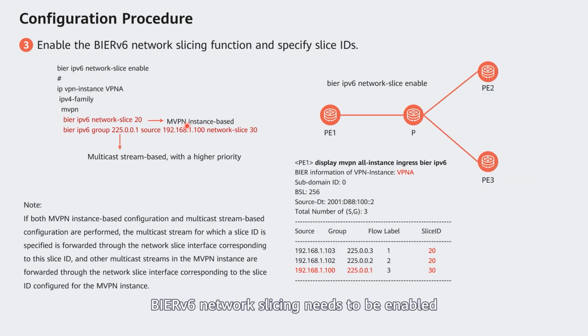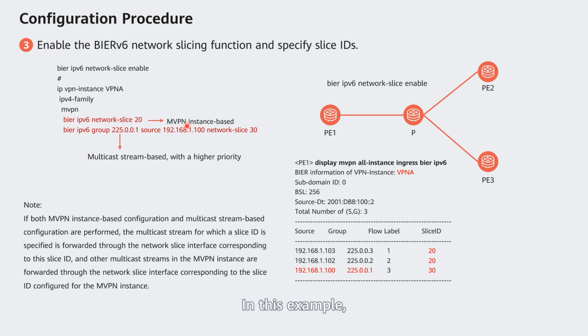BIERv6 network slicing needs to be enabled both on the ingress PE1 and transit node P of the BIERv6 tunnel. Only after the network slicing function is enabled can a device search for the corresponding network slice interface based on the slice ID to forward packets. Otherwise, packets are directly forwarded through the base interface.